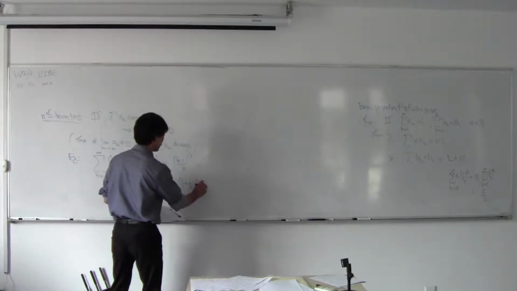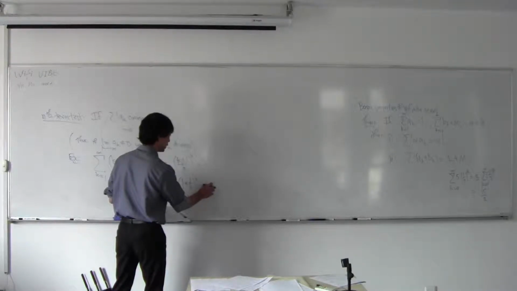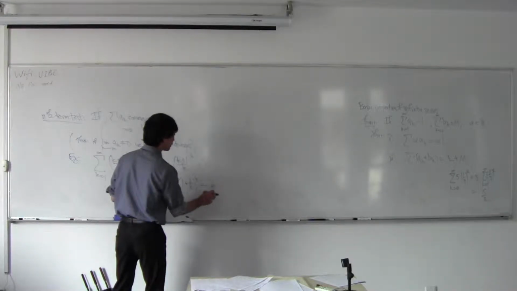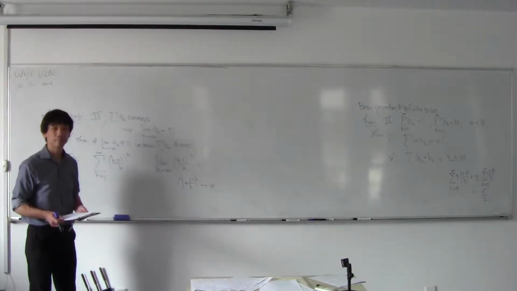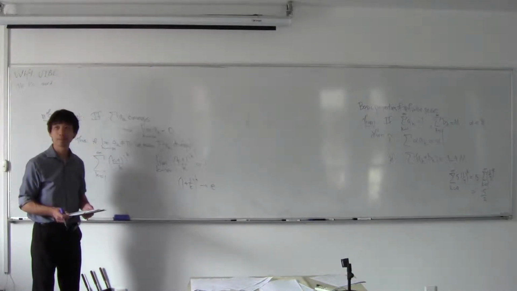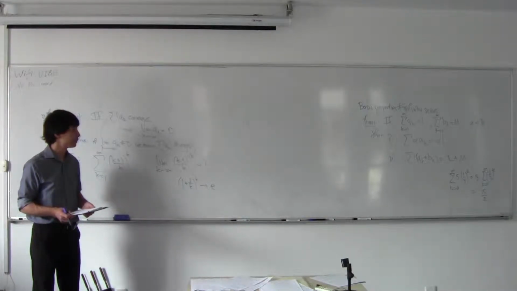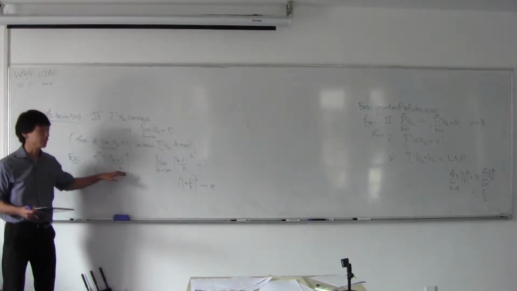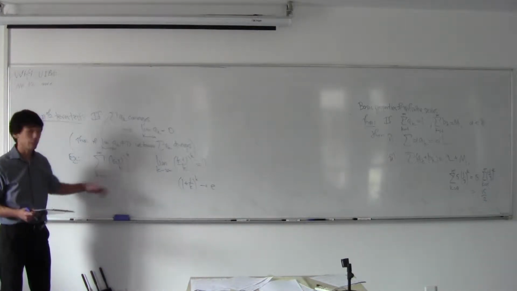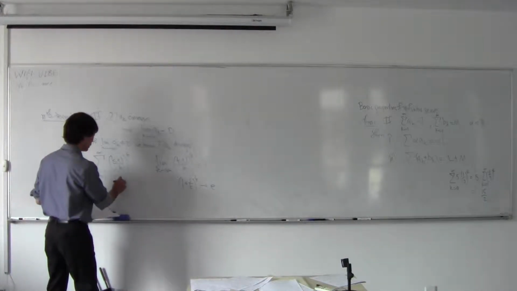And we saw this last time: as k goes to infinity, this thing turns into e. So what does that tell you? Since the terms go to e, this thing has to diverge. This series diverges.